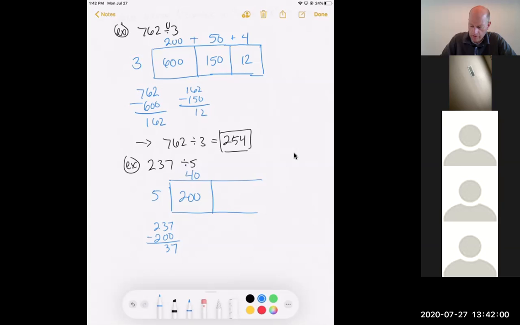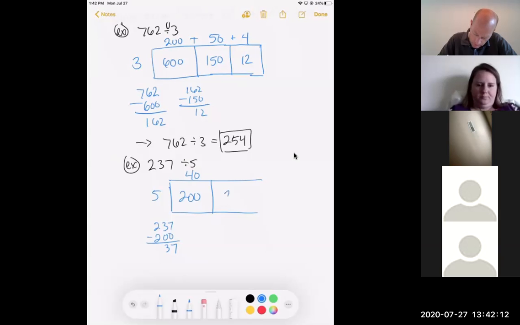Now, what number should I chunk off of 37 that's easily a multiple of 5? 35. Good, 35. Okay, so 37 minus 35, I have 2 left over. That one's going to be 7, and then we'll put a 2 here. All right, so what do I do now? What do you guys think? That's not divisible by 5.